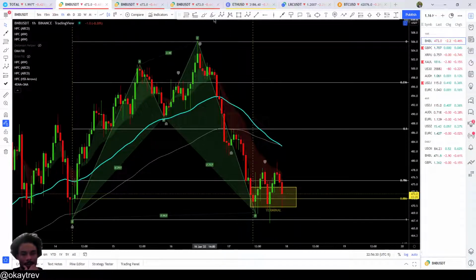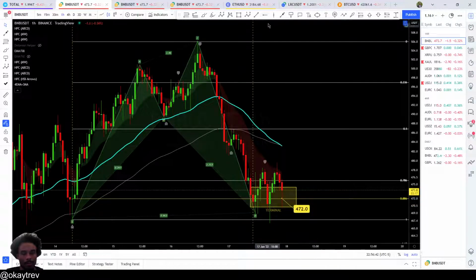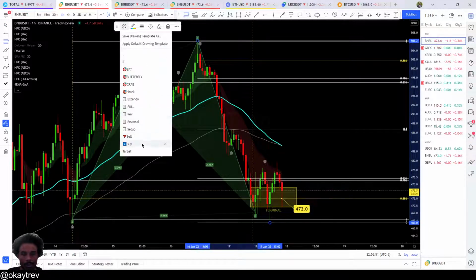So we have our entry points. Let me tag my price point. Looking at 471. It's looking like it's rounding off to 472. And we're going to be targeting our C to our completion point.